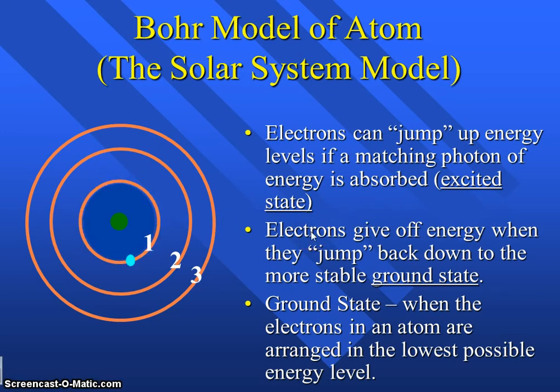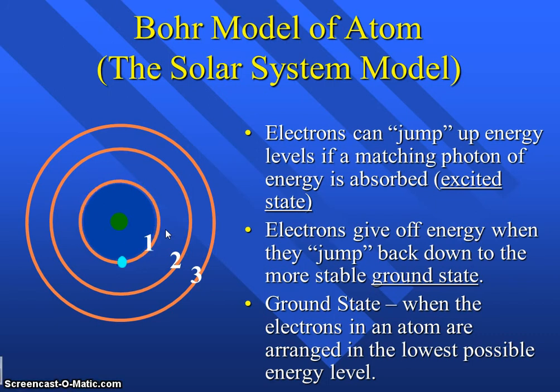And so now that it's in the most stable configuration again, the atom is said to be in the ground state. Now just a quick note about the ground state. Ground state does not mean that all of the electrons are always in the first energy level. It just means they are in the lowest possible energy level. Now, if I only have one electron, the lowest possible energy level is the first energy level. As you may remember from previous science classes, we can fit up to 2 electrons in the first energy level.